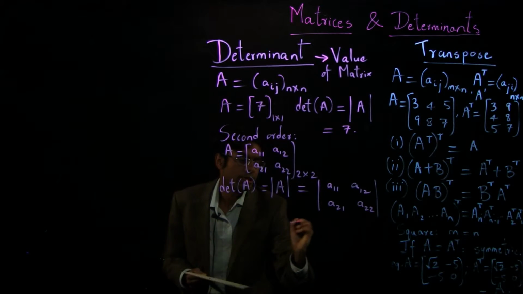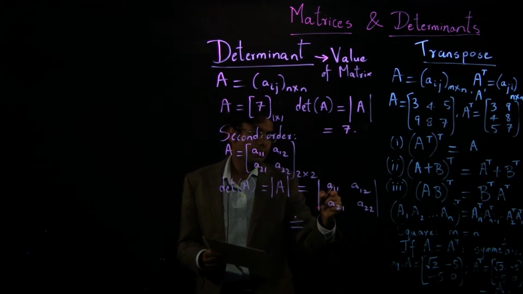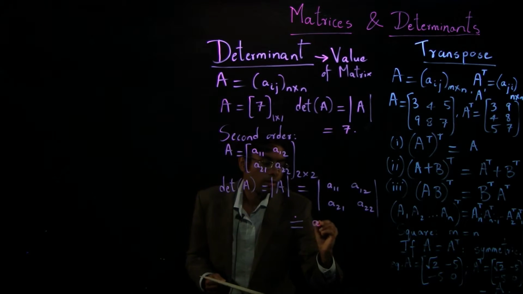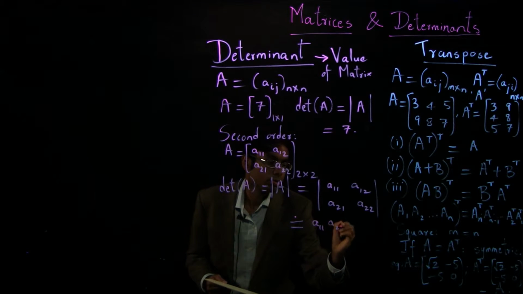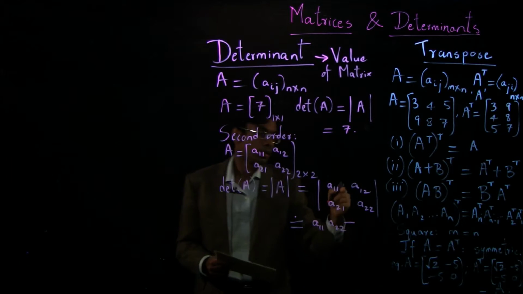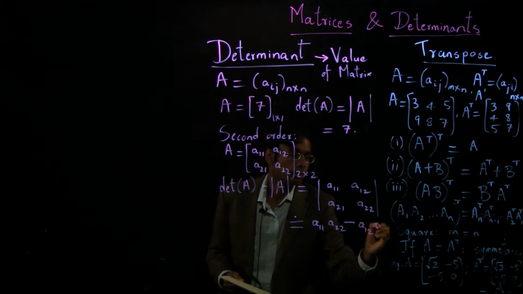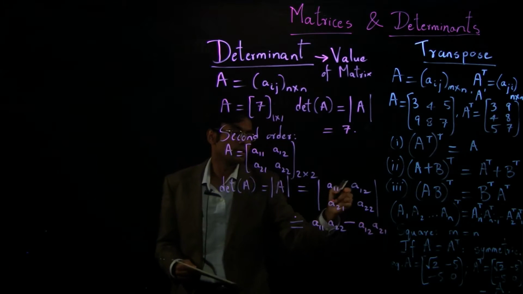And by definition, this is calculated as A11 times A22, so the product of these two elements, minus A12 times A21, so the product of these two elements.